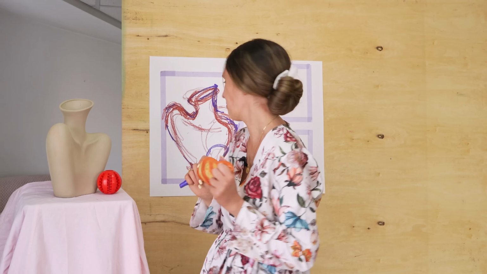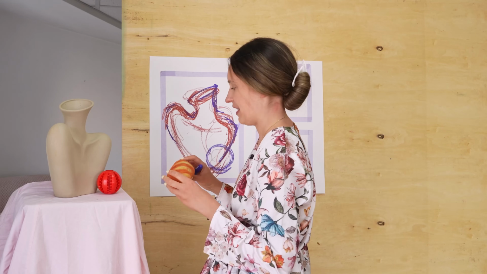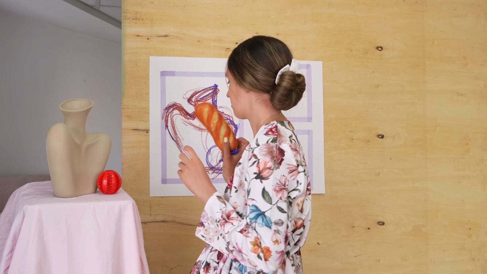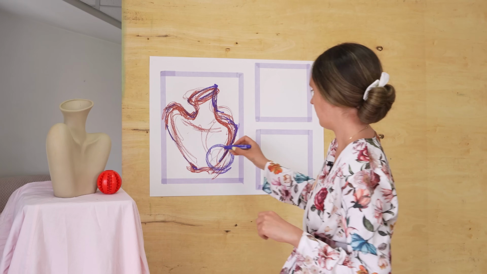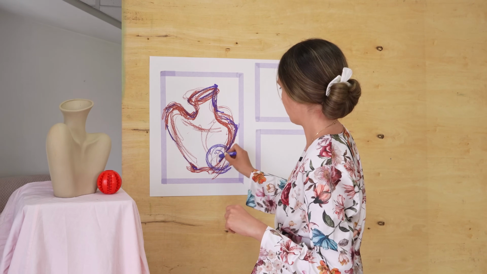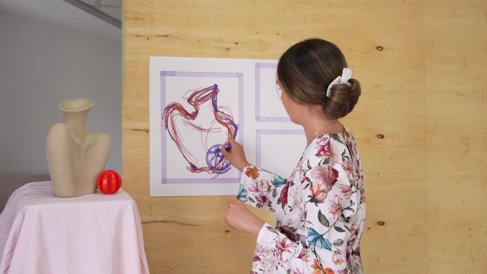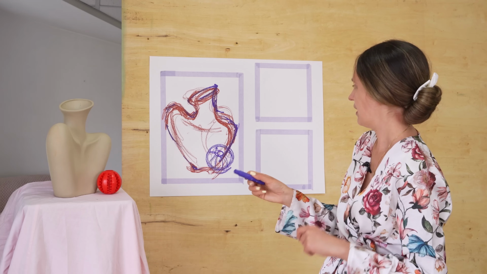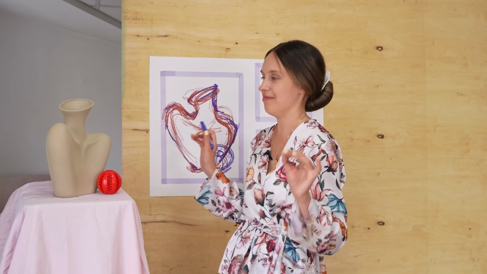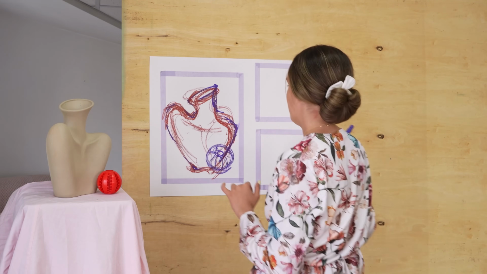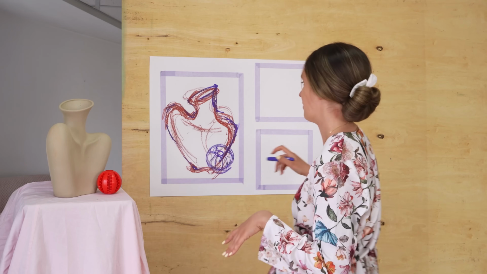I don't think the baguette actually fits, but maybe for some other composition. But the ball is fine. I like that it has these kinds of sections. Well, anyway, there are limitless possibilities when you're looking for a reference.